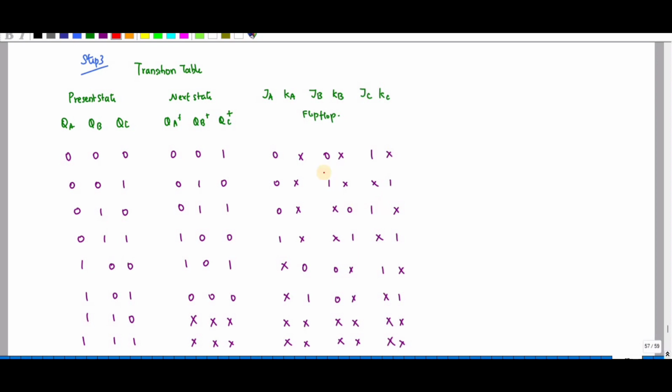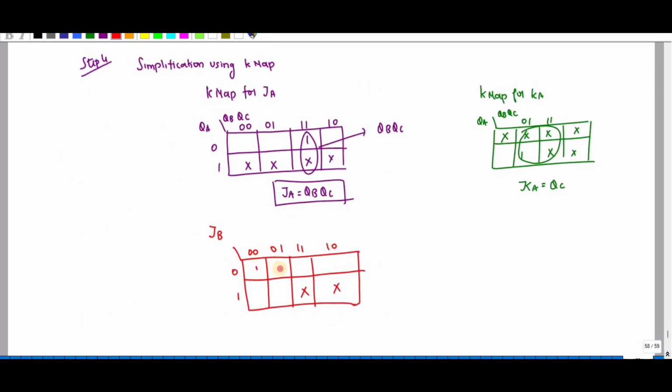So you substitute for JB 0 1 x x 0 0. 0 1 x x 0 0. So I can group this one. So if I group this one, it will be QA bar. So JB is equal to QA bar QC.